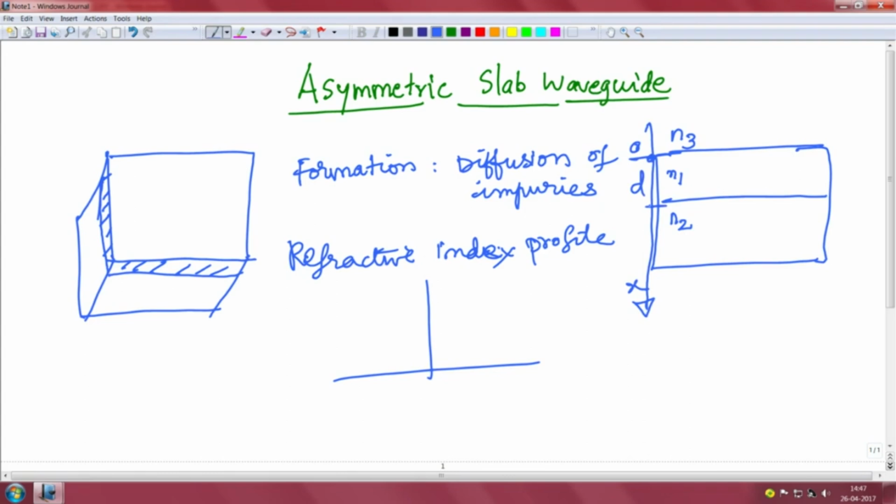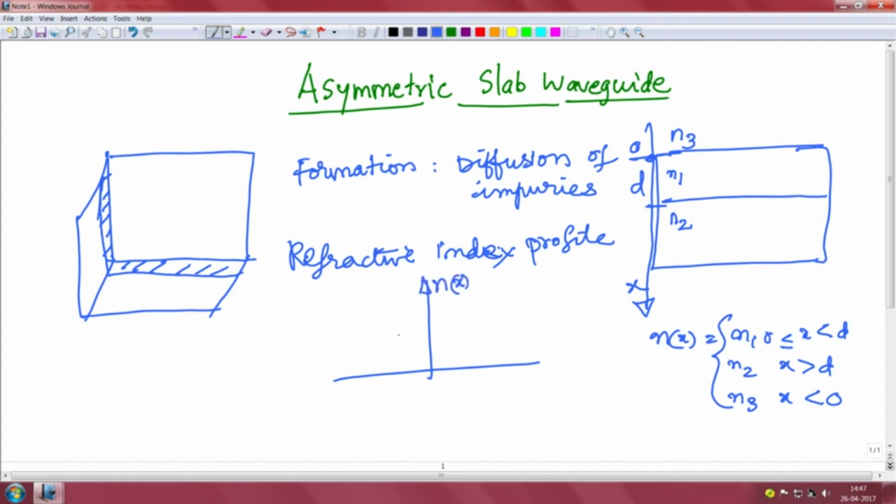For x lying between 0 and d, the refractive index is N1, and it is equal to N2 for x greater than d and N3 for x less than 0. This is the refractive index profile, and we can represent it graphically as follows.